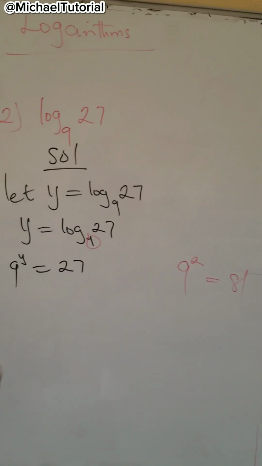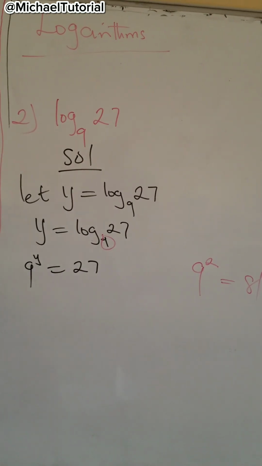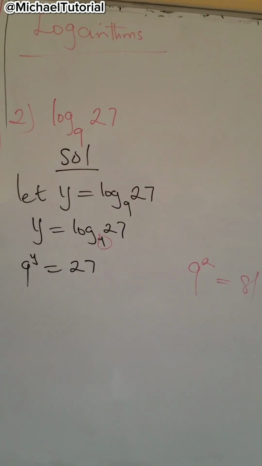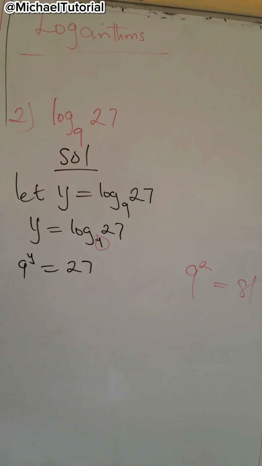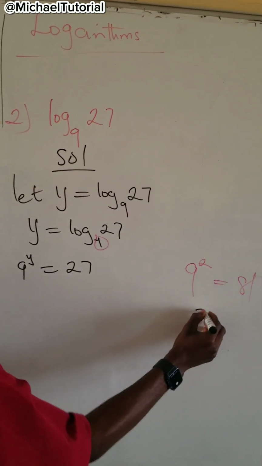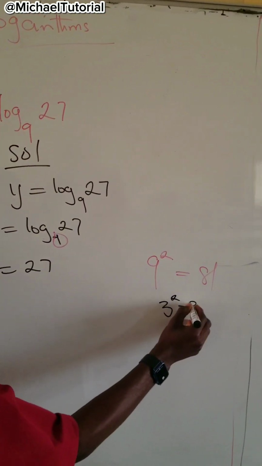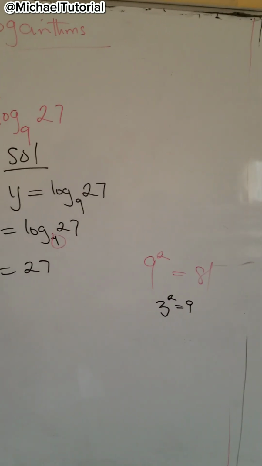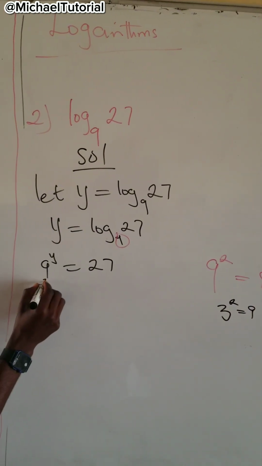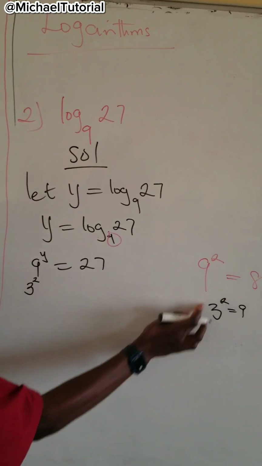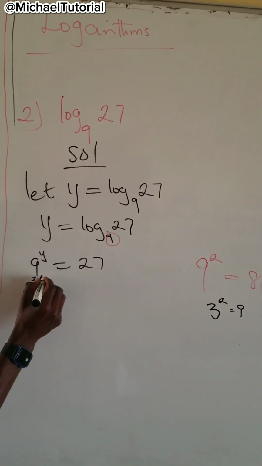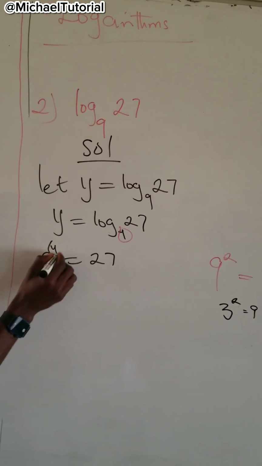So you see that this question is slightly different from the previous one. Now, you have to factorize this 9 too. We have 3 to the power of 2 will give us 9. So let this represent 9: we have 3 to the power of 2, open bracket y.